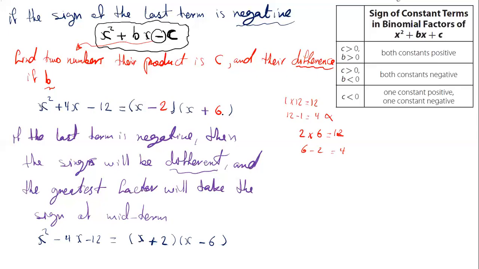In the previous example, 6 took the sign of the midterm, plus, and 2 took minus.